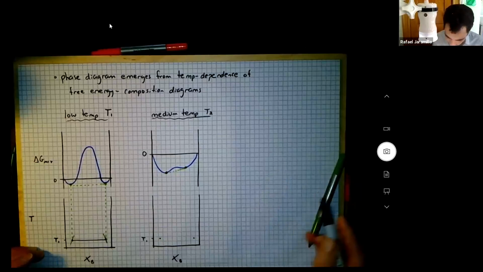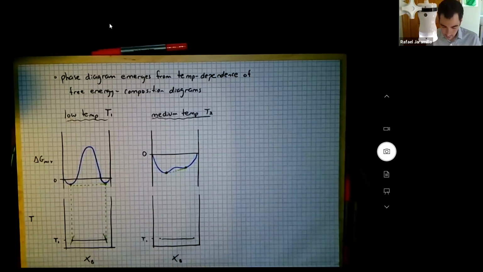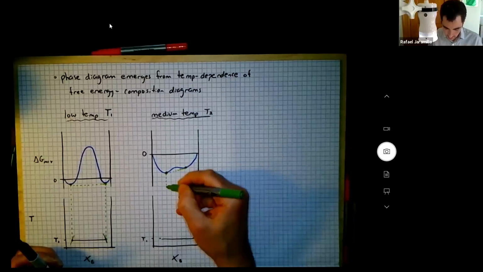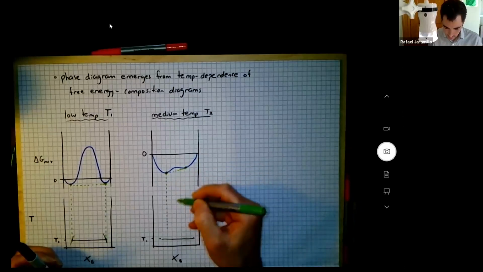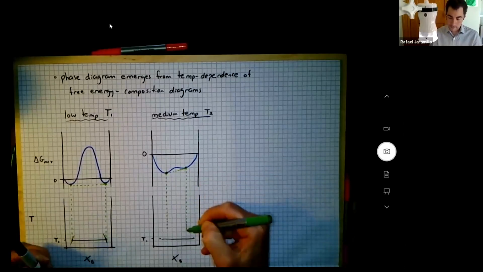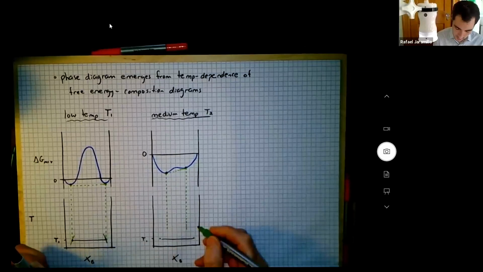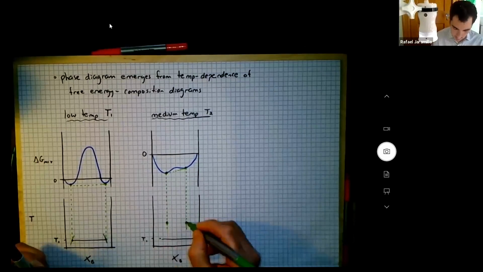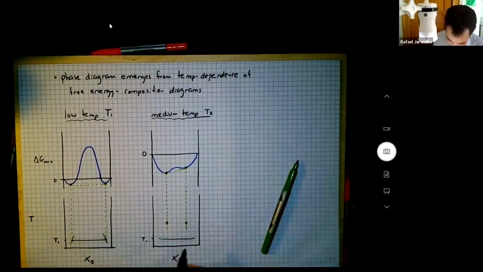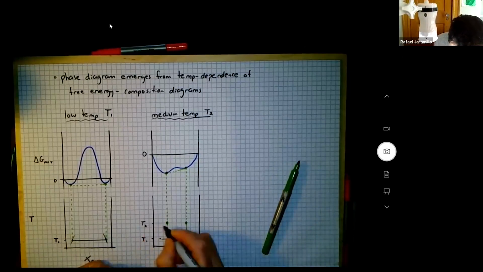So we had a tie line here. Now at T2, let's say my coexistence is here and here. Right? I'm calling this T2. And I've got a tie line there.